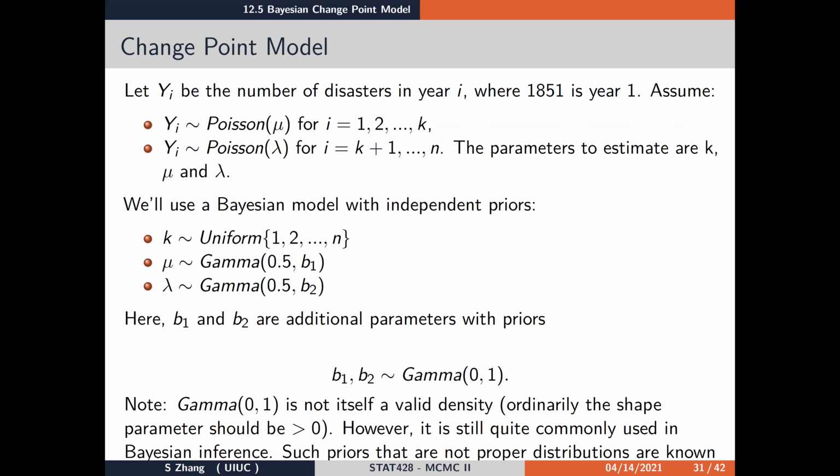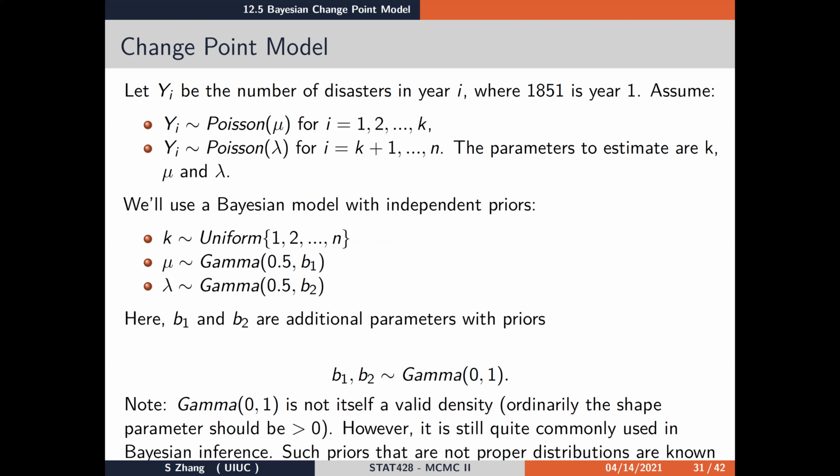Similarly, let's set the prior of lambda to also be gamma with shape 0.5 and rate b2. Here, b1 and b2 are additional parameters with priors that are also gamma. Particularly, we will use the gamma distribution with parameters 0 and 1.